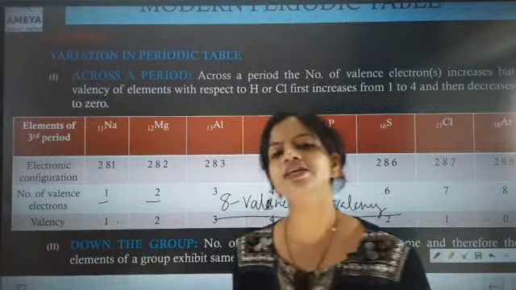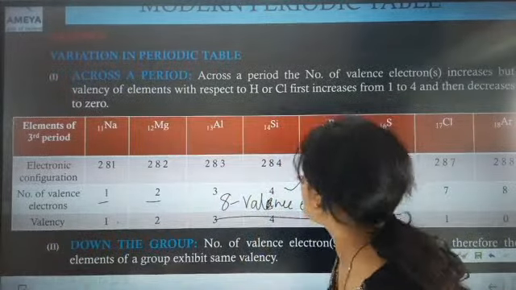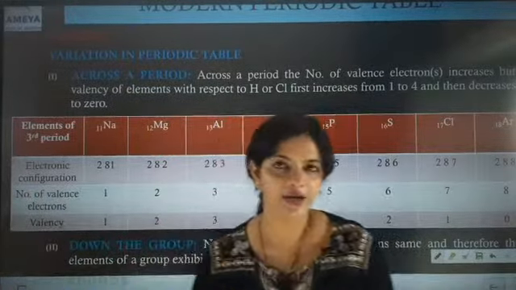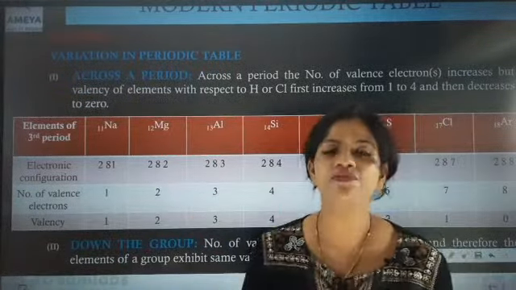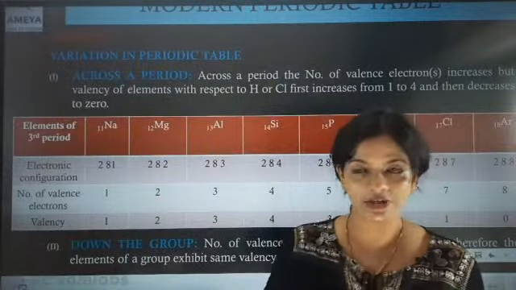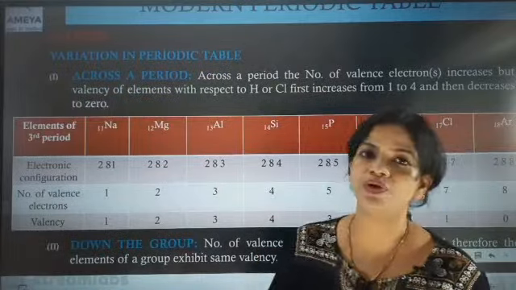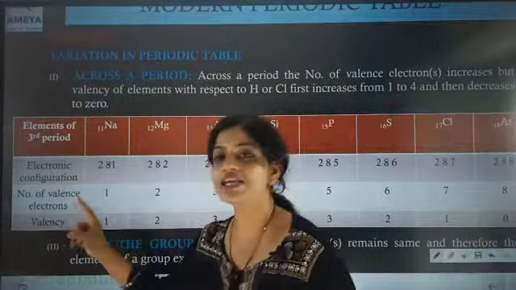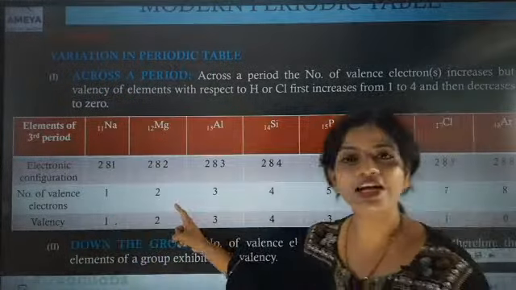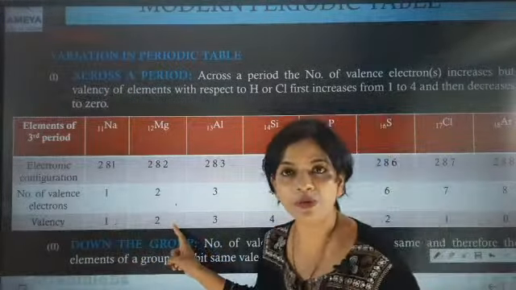The definition says that when you go from left to right in a period, for the electronic configuration where the valence electron is 1, its valency will be 1. Valence electron 2, valency 2.